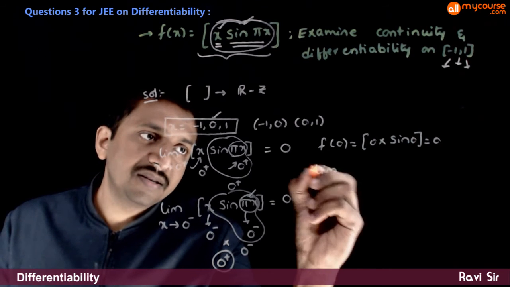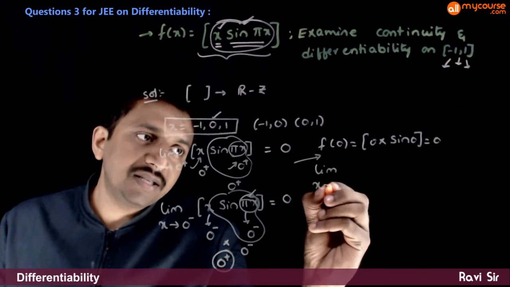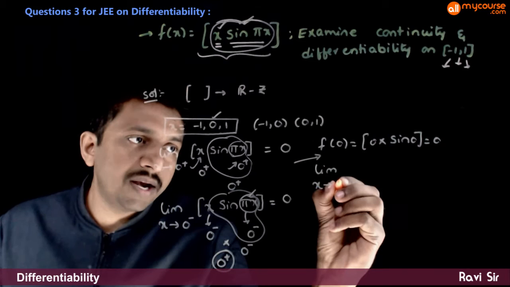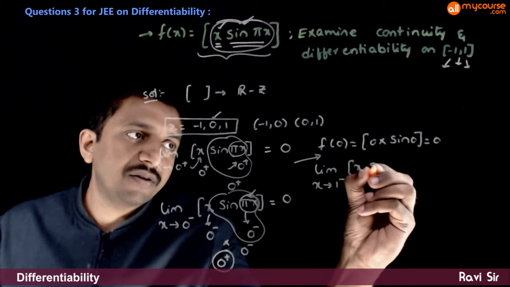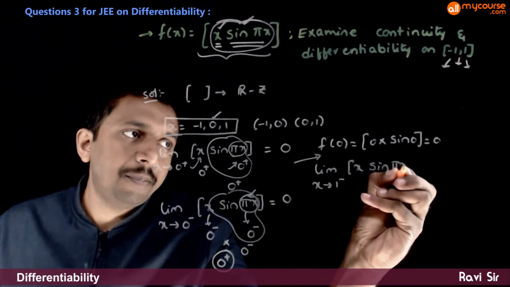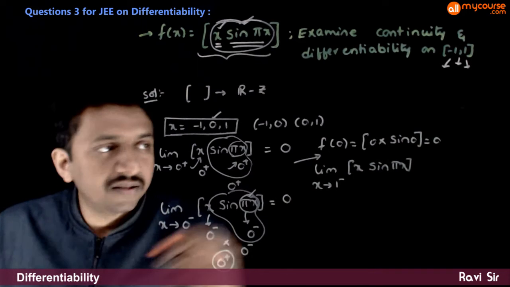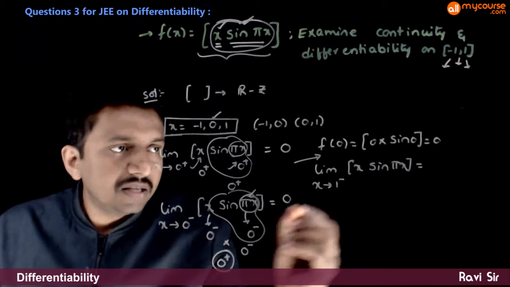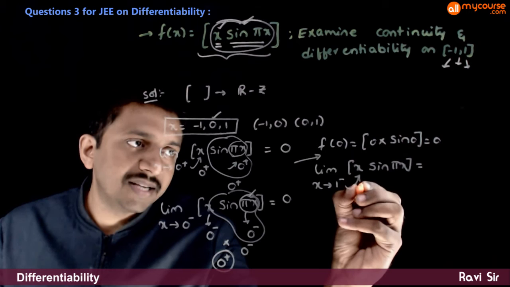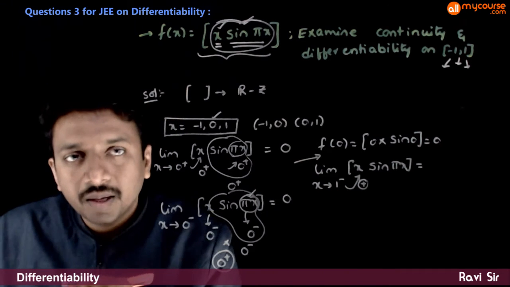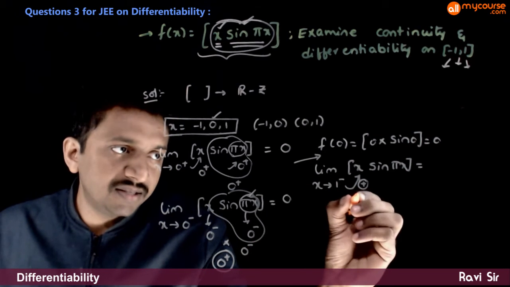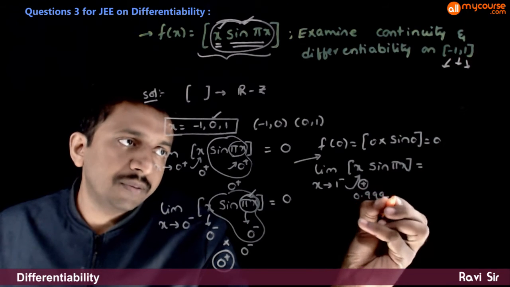So what is limit x tends to 1 minus of integer part of x sine pi x? So x is going to 1 minus, that is, x is positive, slightly less than 1, that is 0.999 and so on.